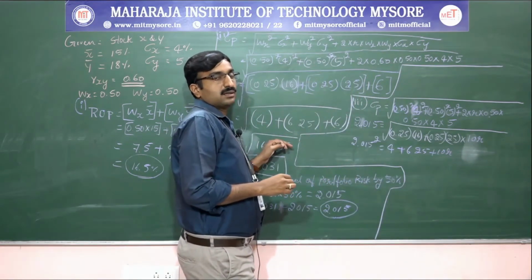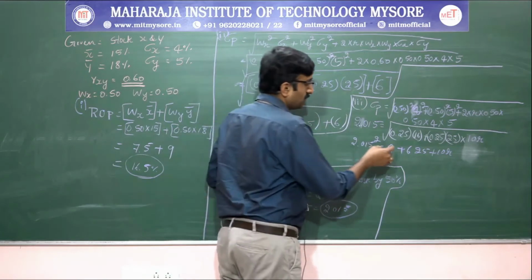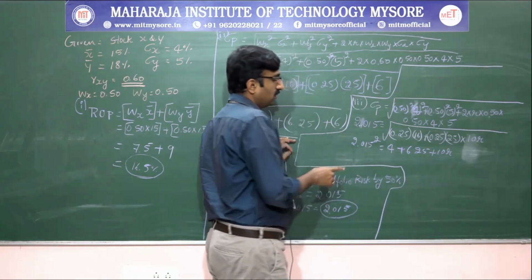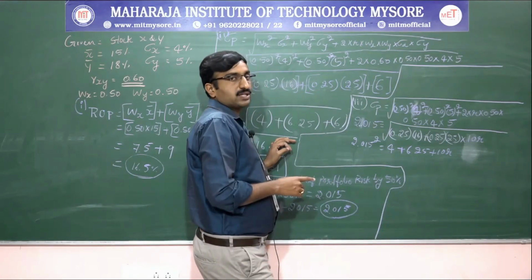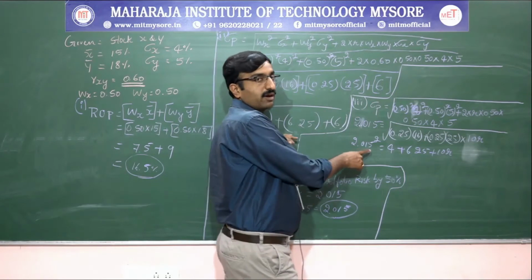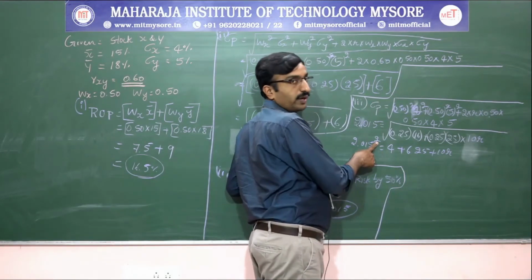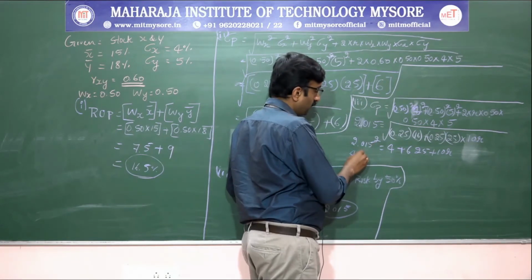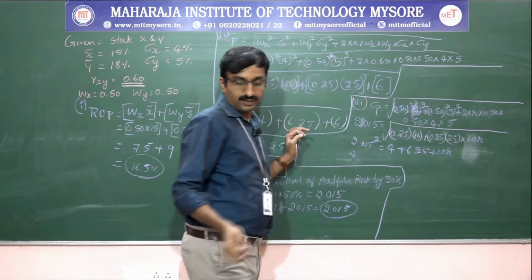Then you consider it as a cross multiplication. Take it for the cross multiplication. Okay. So, 2.015 square, if you do 2.015 square, how much you will get?